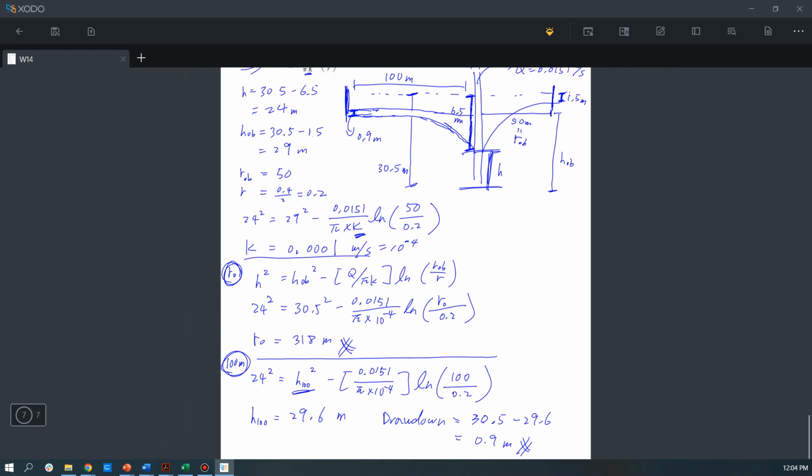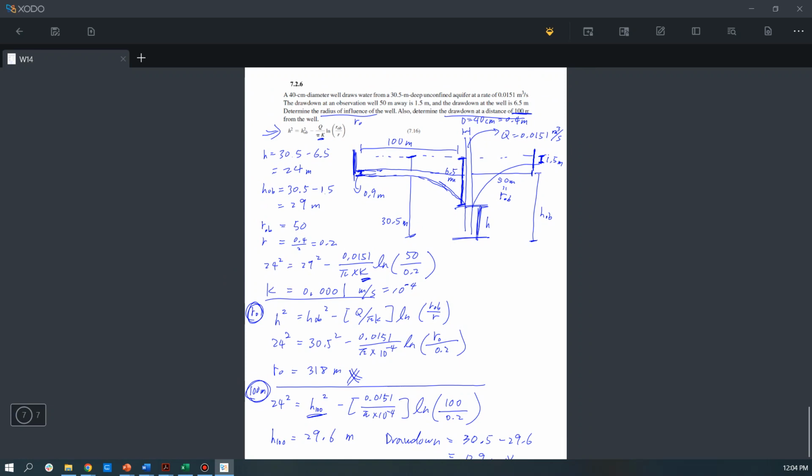Okay, so for this last problem, you basically apply the same equation 3 times. The first time you can solve using the observation well. You can solve this K value. Then you apply it again to solve this R naught.